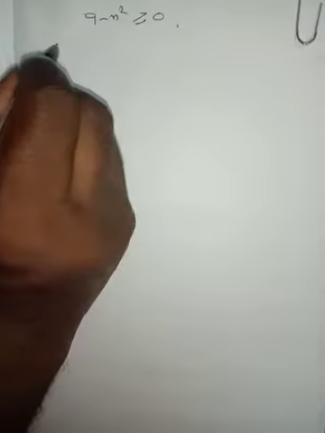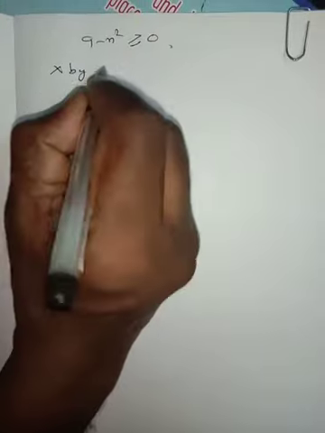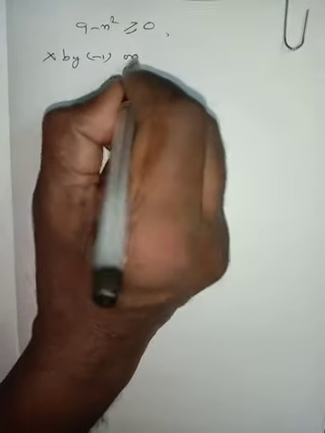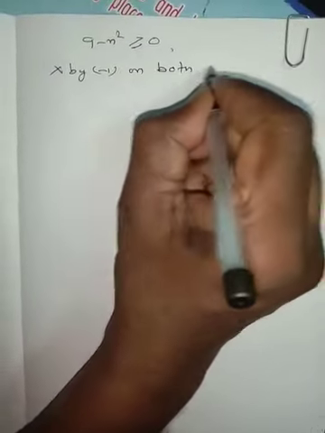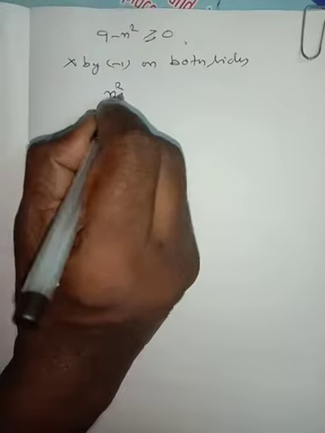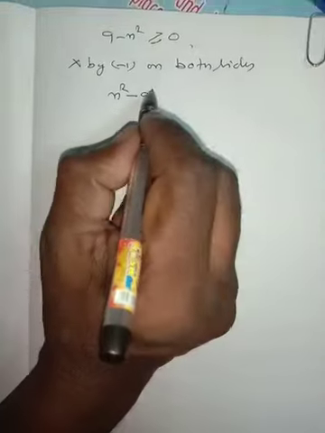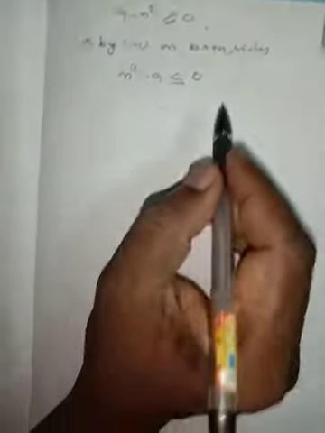Multiply by minus 1 on both sides. We have x square minus 9, the inequality becomes reversed, less than or equal to 0.